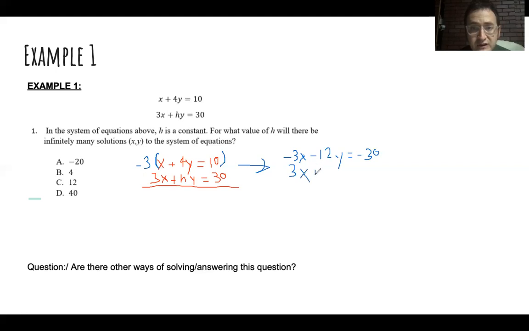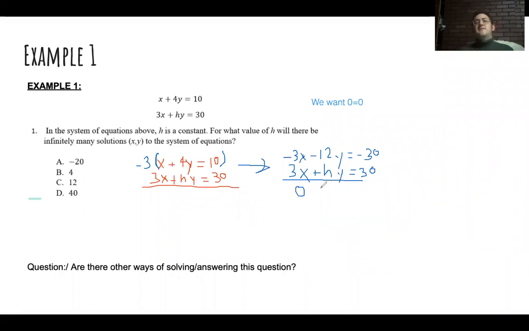And I'm just going to rewrite that other system as well. And what we can see, we want 0 equals 0. And we're almost there, actually, because this negative 3x plus 3x is equal to 0.